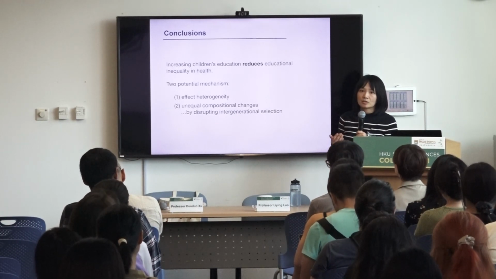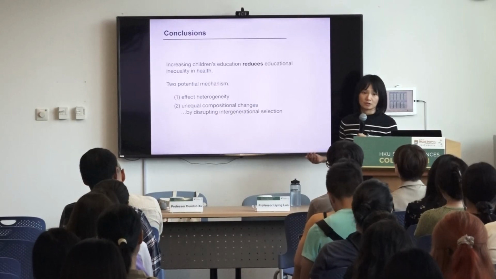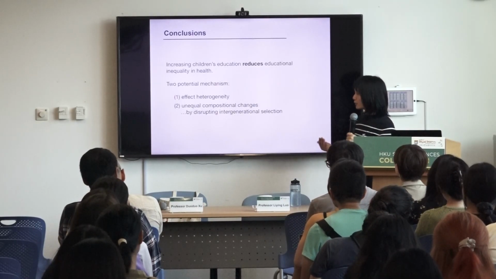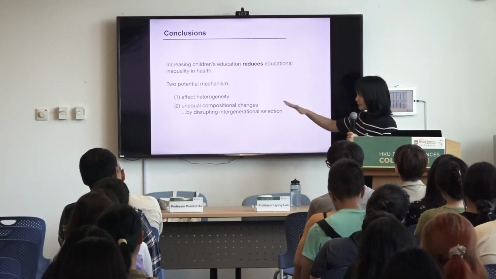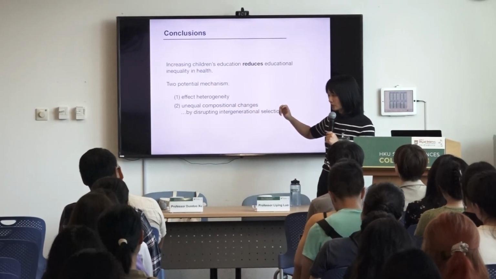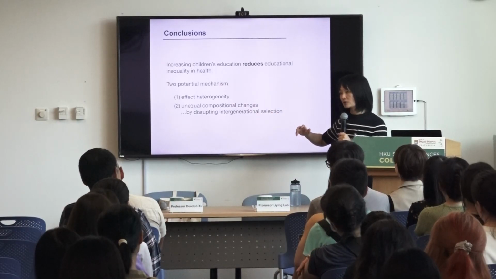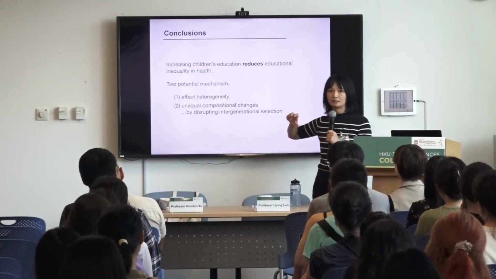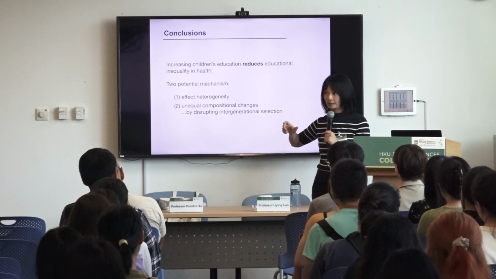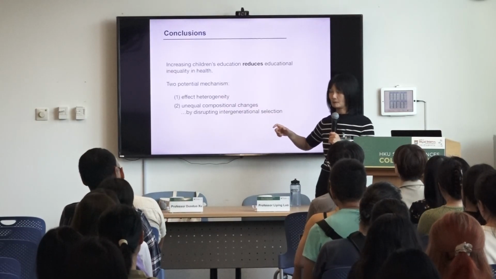So increasing children's education doesn't change much of their own health benefits. So at the individual level, there's differential health return by children's education. So at the population level, we see a reduction in health inequality by education.